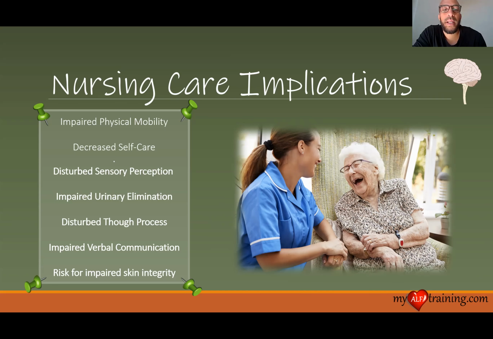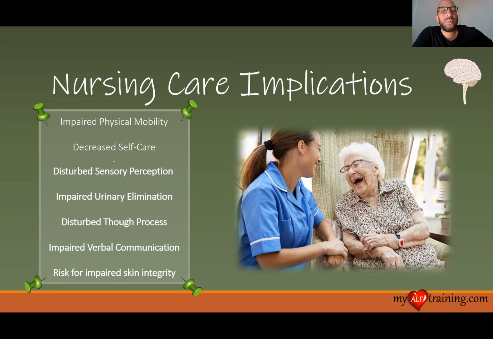This doesn't just apply to the large muscles like in the legs or the arms. This applies to the smaller muscles like those in the bladder and the sphincter and the throat, like we talked about. So they're going to have sometimes impaired urinary elimination. So we're going to need to retrain them and help them until they're able to heal and tone those muscles again, so that they can hold their urine and not have problems here.